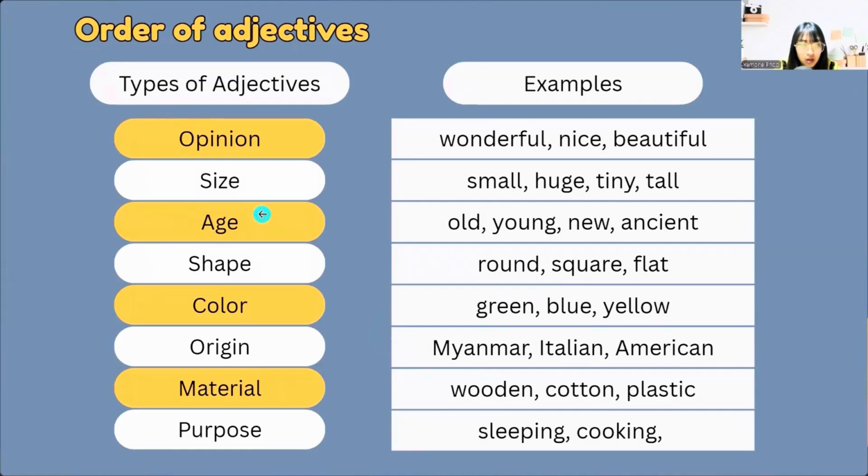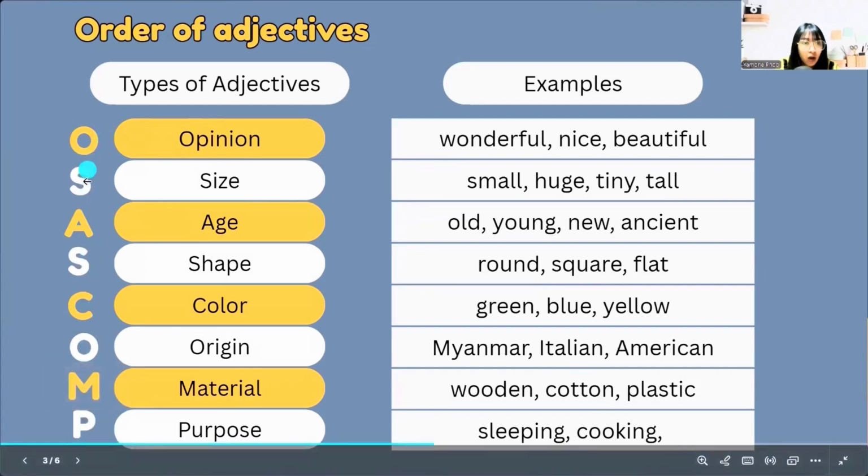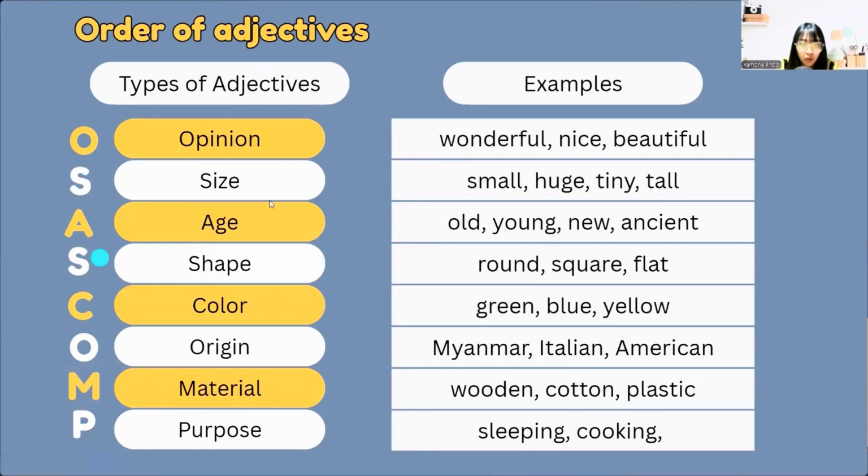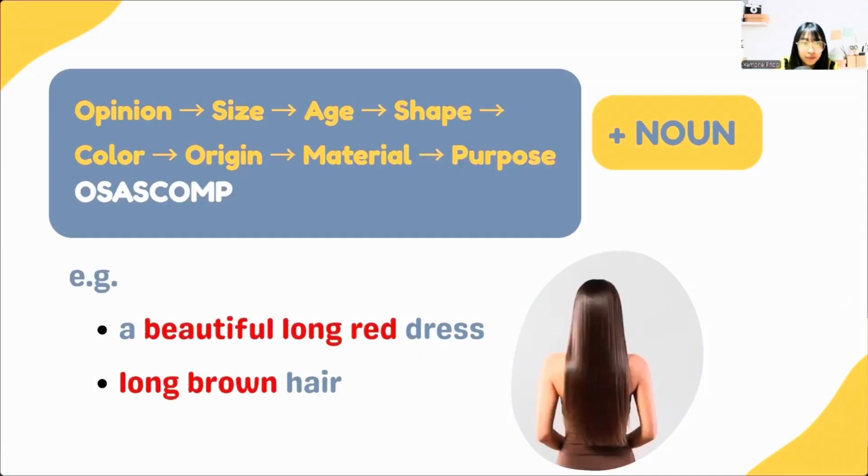To remember it easily, we can use an acronym: opinion O, size S, age A, shape S, color C, origin O, material M, and purpose P. So O, S, A, S, C, O, M, P. We can bear in mind something like OSASCOMP, or Osa's comb.